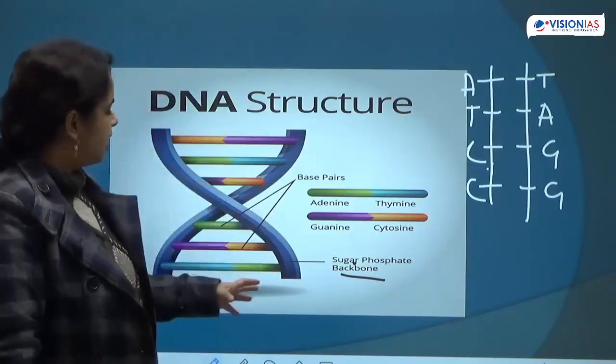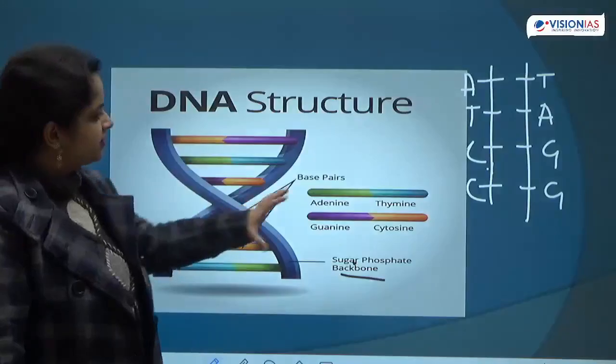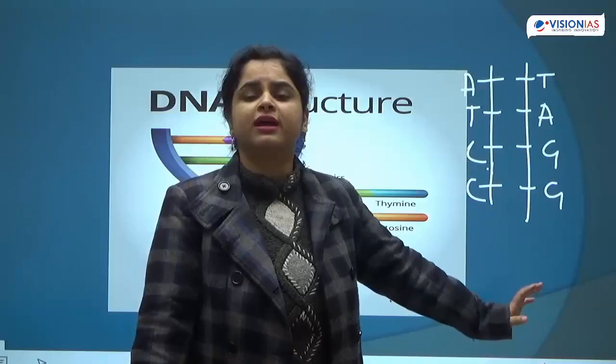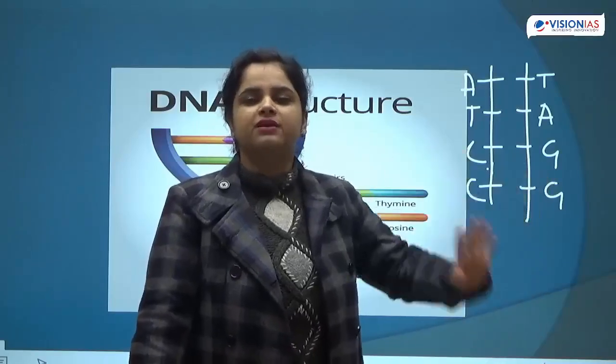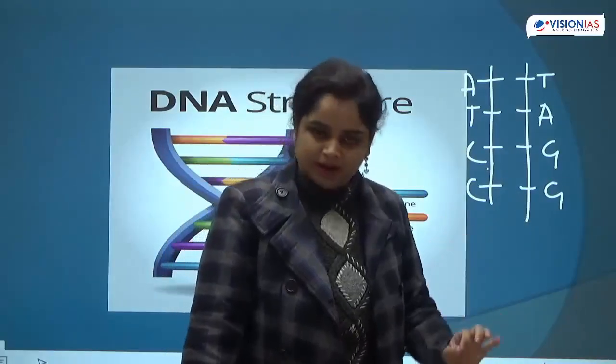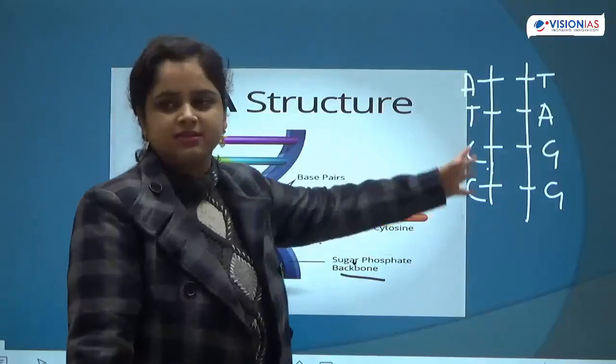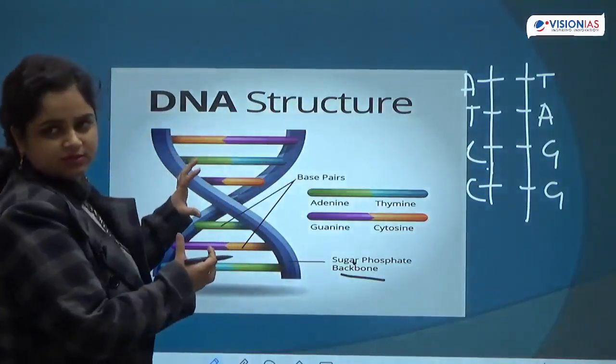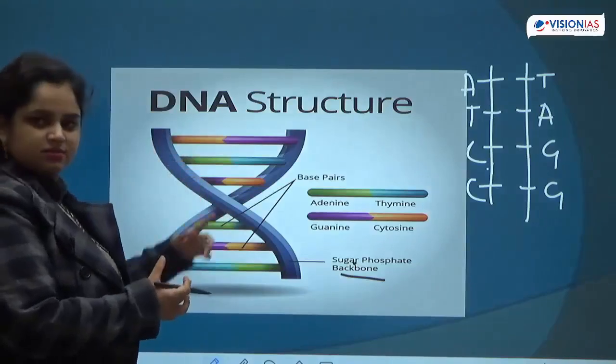Okay. Now, this is normally how the strands would be. You can think of long chains of polynucleotides forming the DNA structure. But it's not really a straight chain. It goes through a twist. You can see this twist, right?